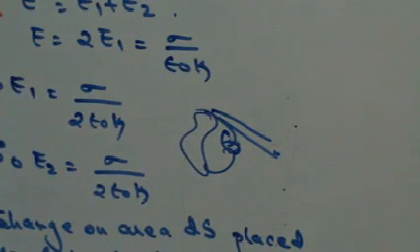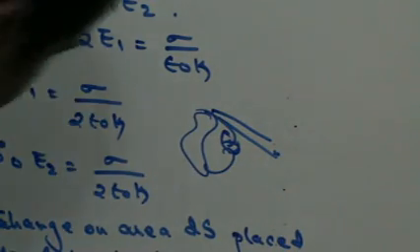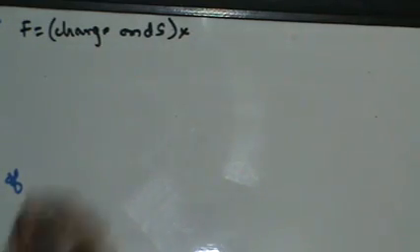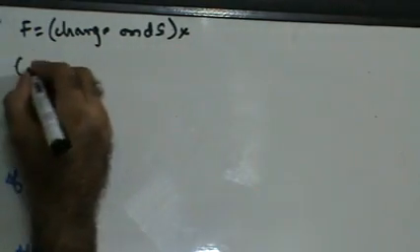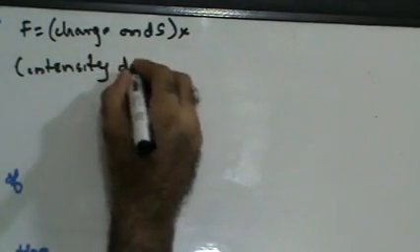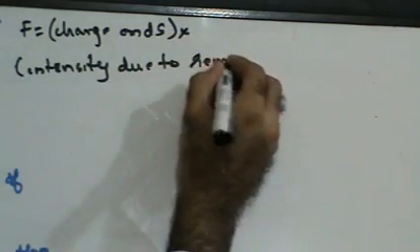Let's assume that the force that it exerts on area ds is F. Now in that case, I can say that F is equal to the charge on ds multiplied by the intensity due to the remaining charge.